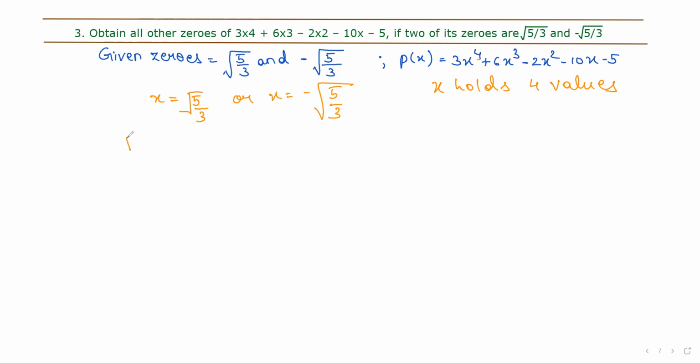So if p of x is a biquadratic polynomial, then it should have some factors like x minus a, x minus b, x minus c, and x minus d. Here a, b, c, d are zeros.